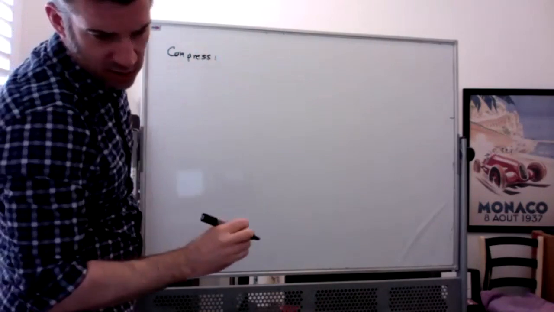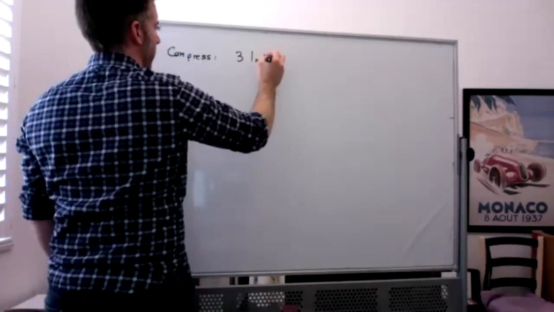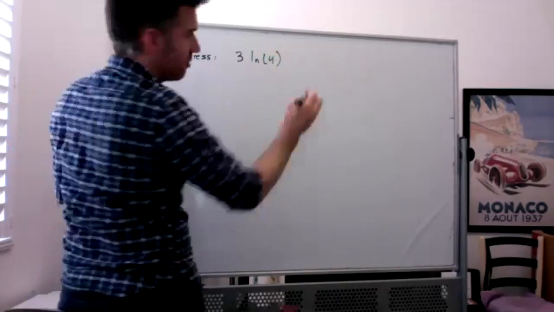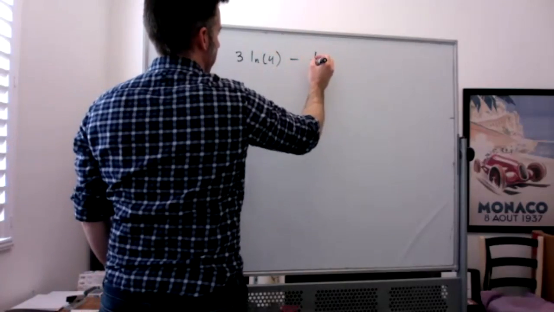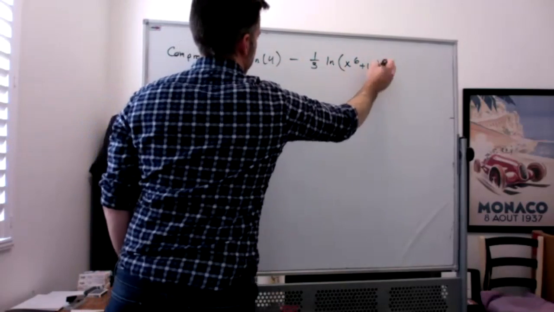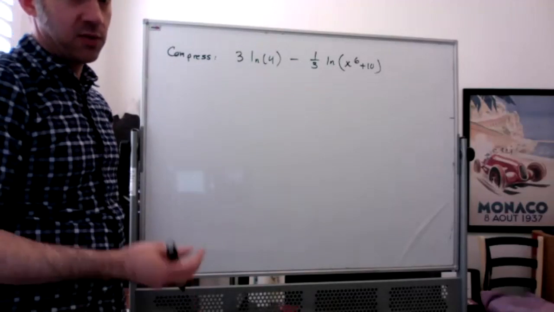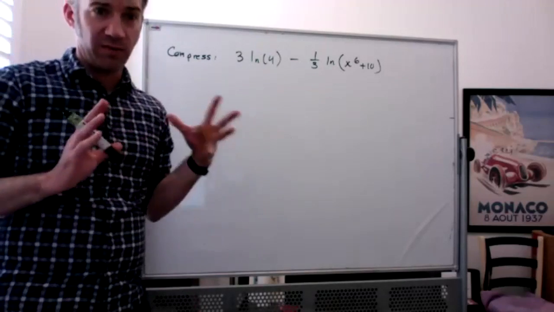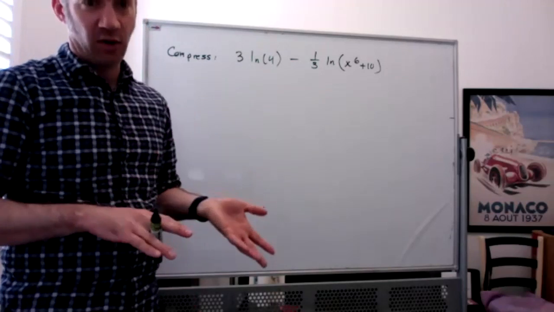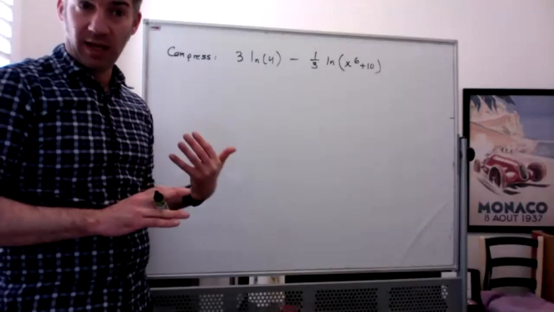I'm going to change this just slightly. 3 natural log of 4 minus 1/3 natural log of x to the 6th plus 10. So the way we're going to do this is, before you can put logarithms together, they have to have the same coefficient, or the same or opposite, meaning they can have a different sign.